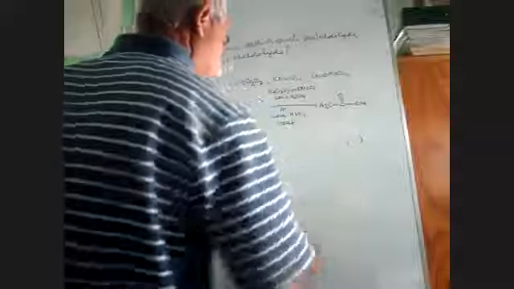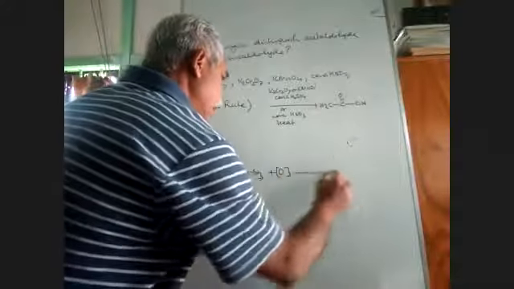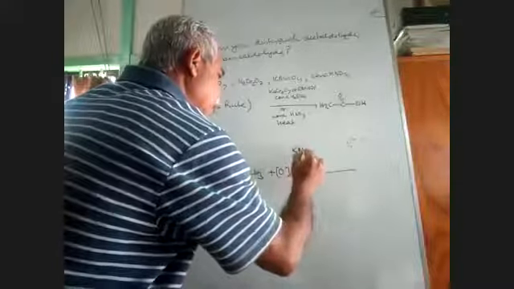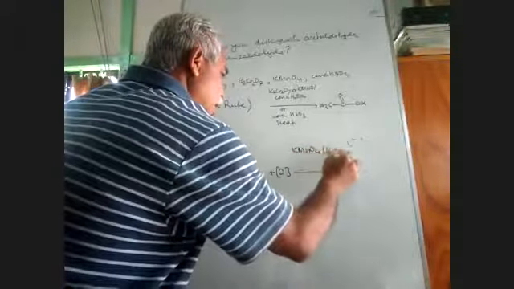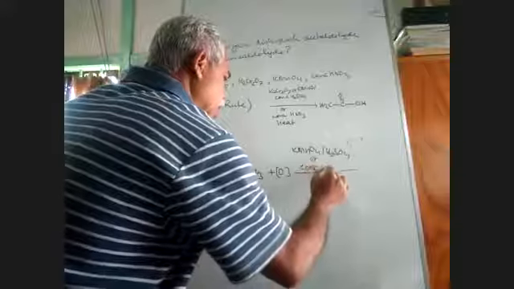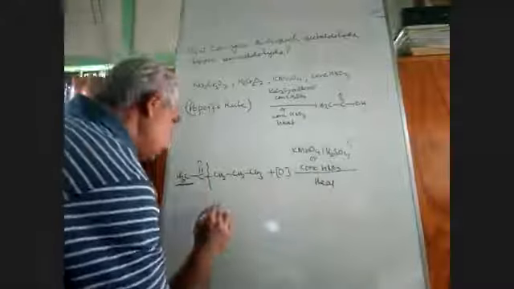So what should I write now here? You can write KMnO4, H2SO4, or concentrated HNO3. So I'm going to break it here. This will be oxidized to what?